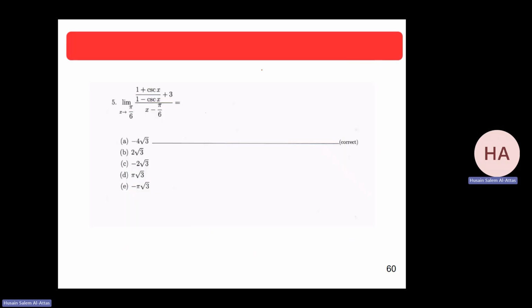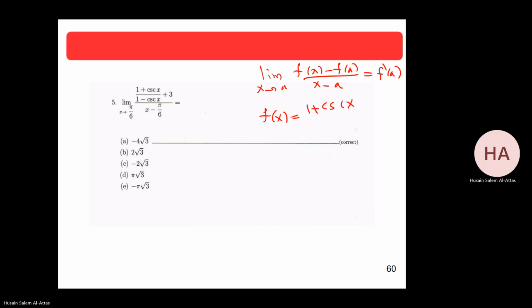We are back to this limit: as x goes to a, f of x minus f of a over x minus a is f prime at a. Here they make the function this, and notice a is pi over 6.